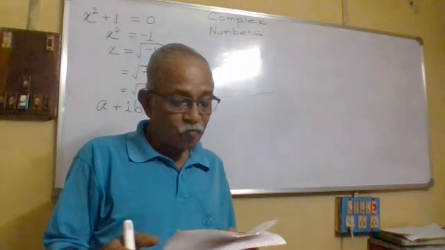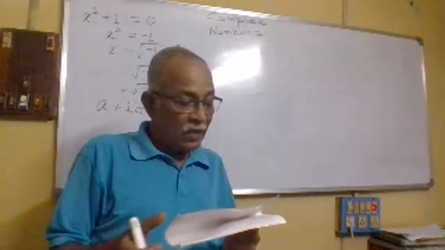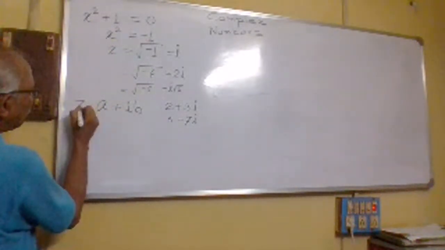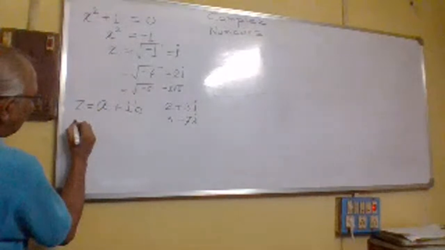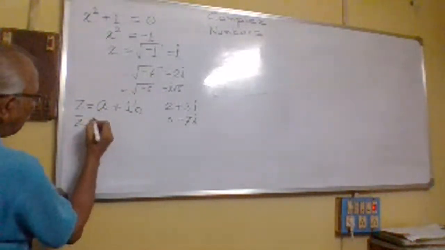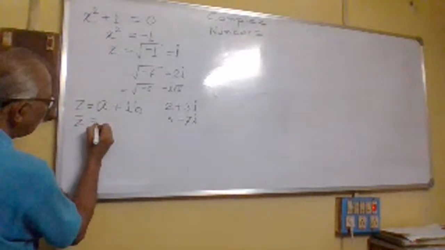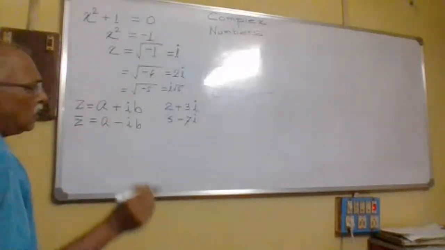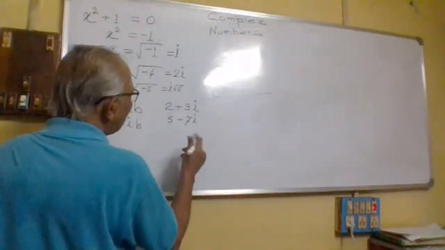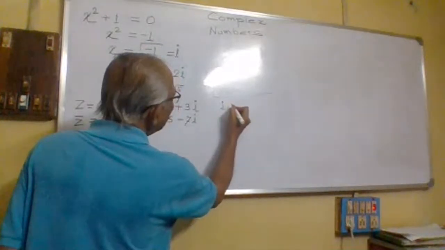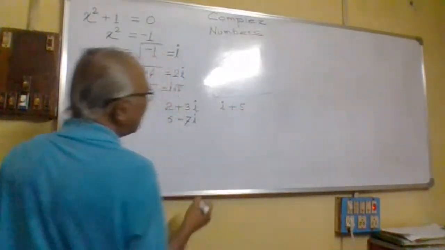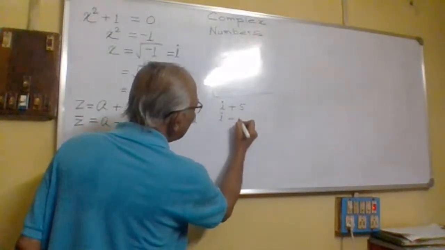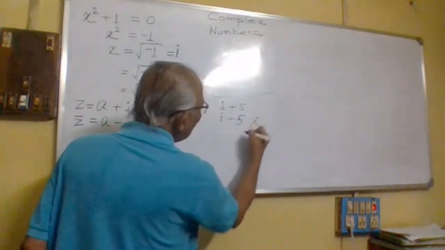So a plus ib is a complex number. Generally we denote it by z. Then this is called conjugate z. The conjugate of z will be a minus ib. Remember, if it is i plus 5, and you write its conjugate as i minus 5, this is wrong.